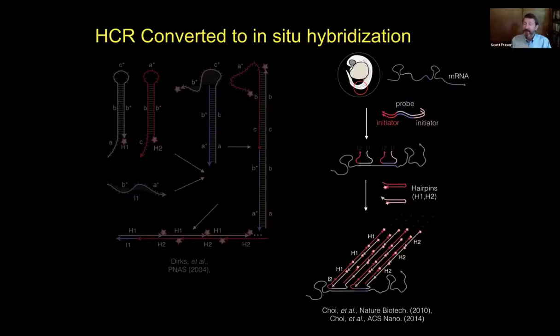To make this into an in situ hybridization approach, we make an antisense probe. This antisense probe hybridizes to the RNA that's in the specimen, and it has initiator sequence hanging off of it. So when the hairpins are added, they amplify in a way that the RNA is tagged not by one dye molecule, but by 200 per initiator.